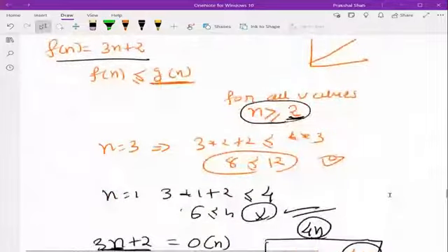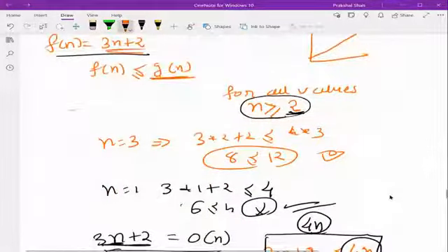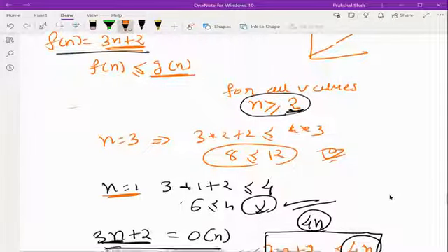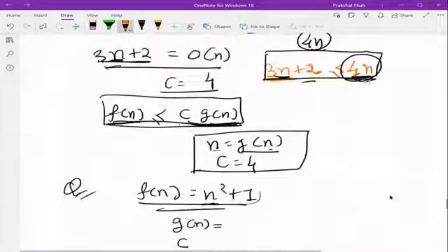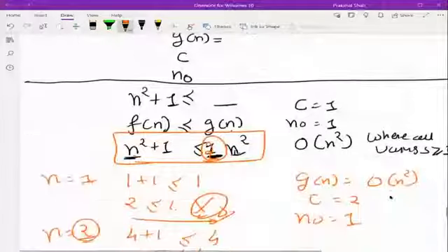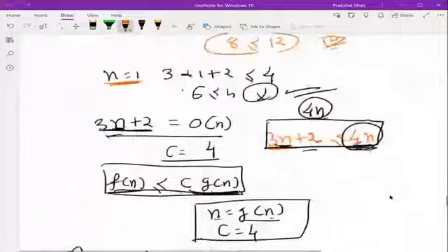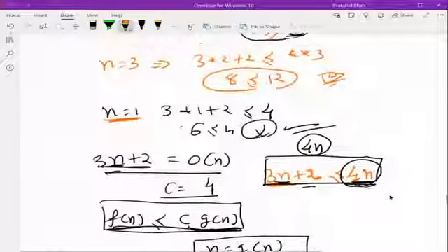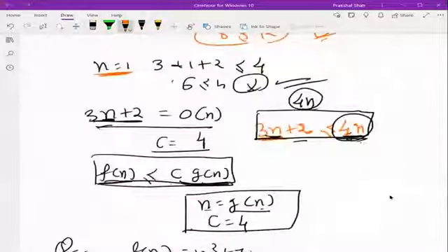If you see here in 3n plus 2, after which value is it following? For n equals 1, it is not following. For n equals 3 it is following, for n equals 2 also it is following. 3n plus 2 less than or equal to 4n. For n equals 1, 5 less than or equal to 4.